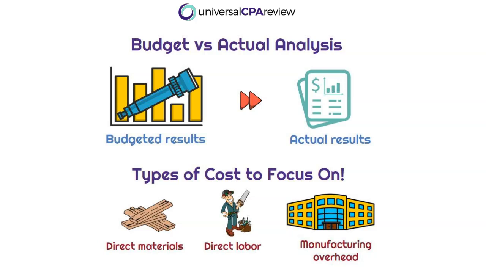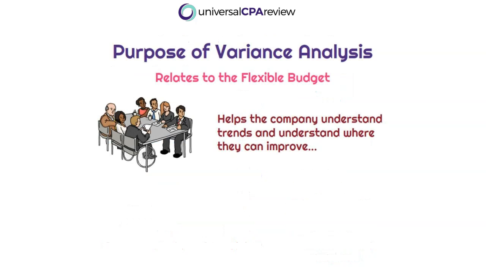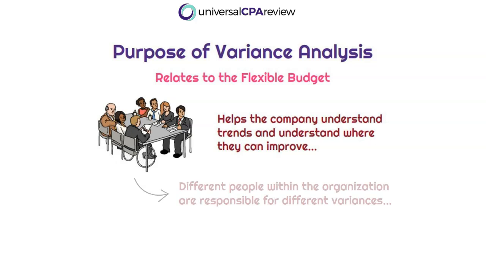Now, what's the point of a budget if we don't actually compare it to the actuals? So what variance analysis allows us to do is get into the nitty-gritty of what's driving the budget versus actual differences. And the reason that's important is that different people within the company are responsible for different aspects.